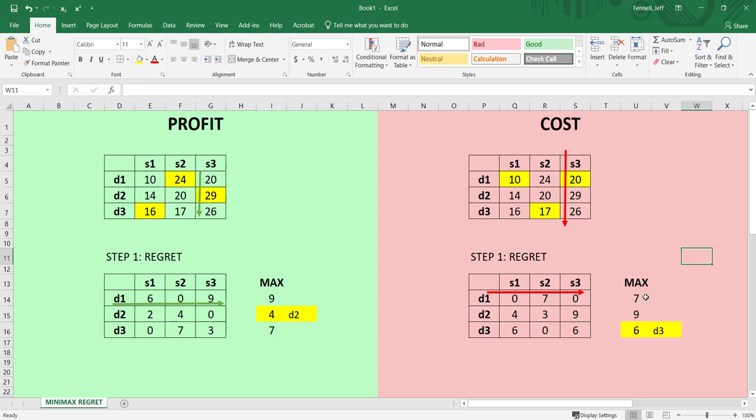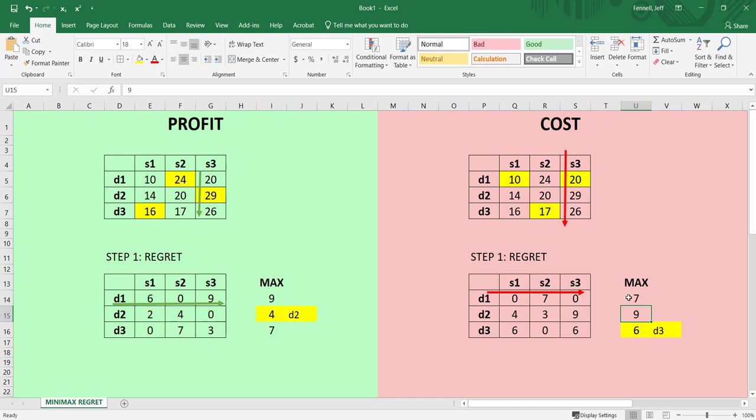The way we think of this is, if I look at D2, that 9 units means if we chose to go with D2 and those uncertain events in the future did not work out the way that we thought they would, we could stand to pay an extra 9 units of cost over and above better possible choices that would have existed.